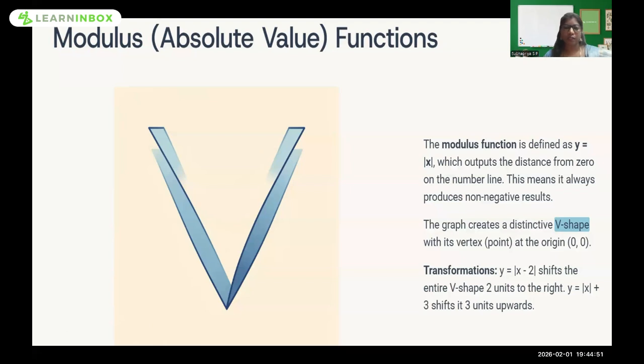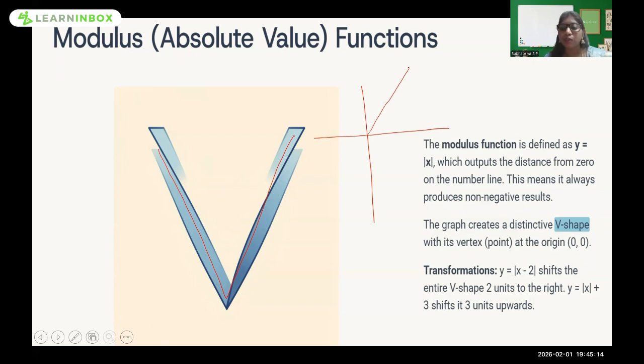Yes, sorry for the interruption. So modulus is an absolute value of a function. That is, we won't be getting any negative values for anything. So why it is a V, as I already told, for 1, 2, 3, you'll be having the graph going like this.